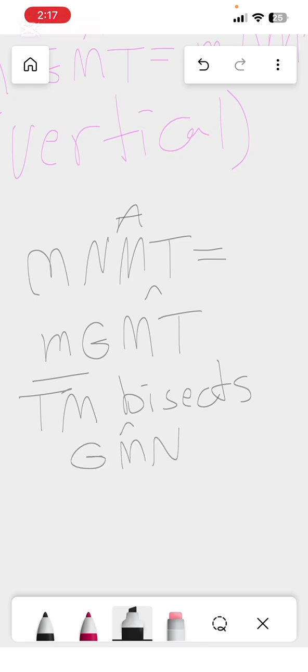What else? From here we get that the measurement of BMD is equal to AMD.